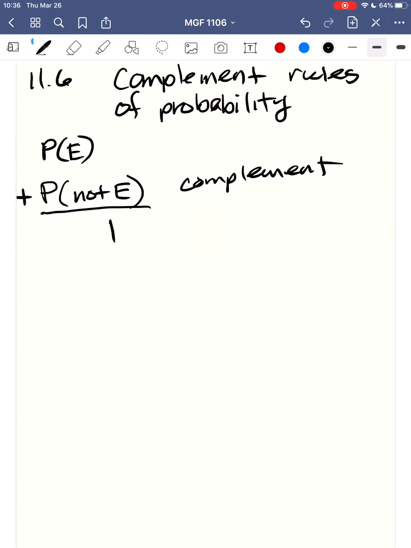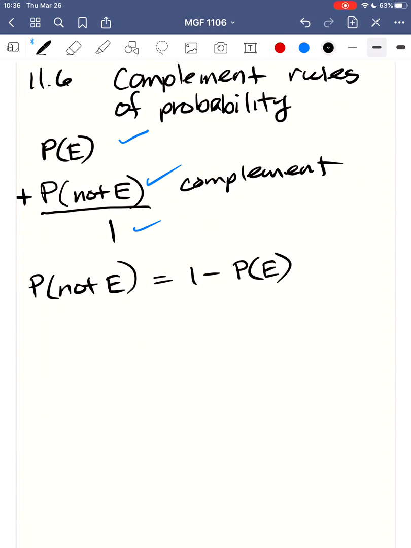So the probability of the event occurring added to the probability of the event not occurring should be equal to 1. And you see the rules in there. So we have P not E is equal to 1 minus the probability of the event occurring.